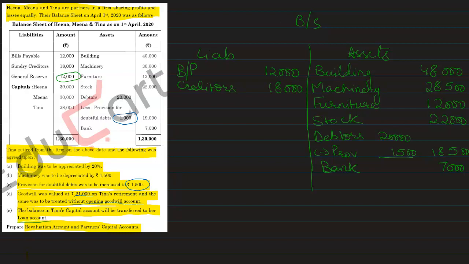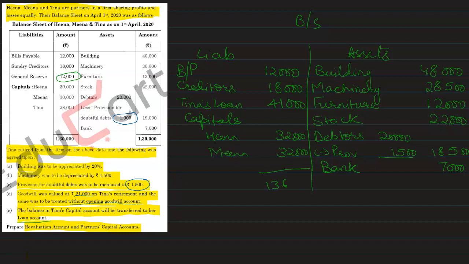Now there is a new liability, that is Tina's loan, which was 41,000, and the capitals. Now the capitals will be only of Hina and Meena, and their capital was 32,500, 32,500.